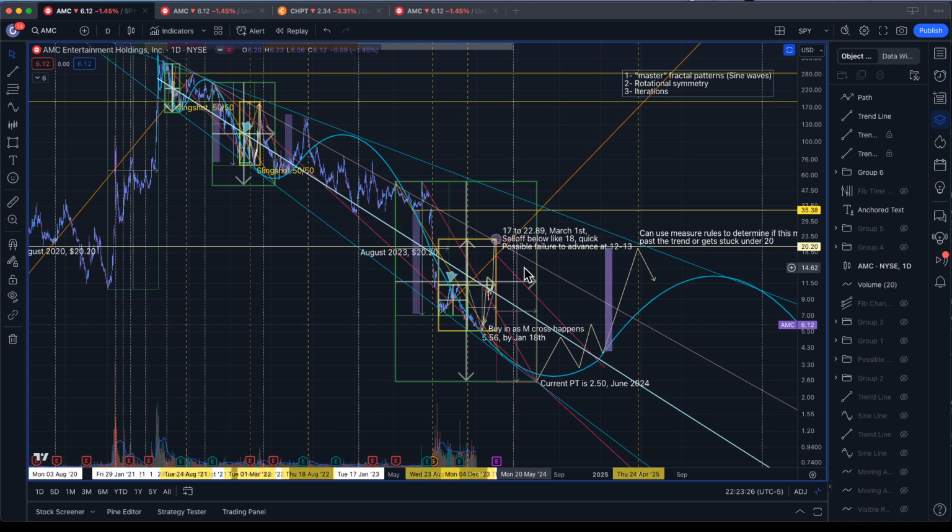I think it's likely then going to push up and go all the way back up to probably around that $40-something mark. I'm assuming it's going to be 34, all right, around July or August of 2024, all right.